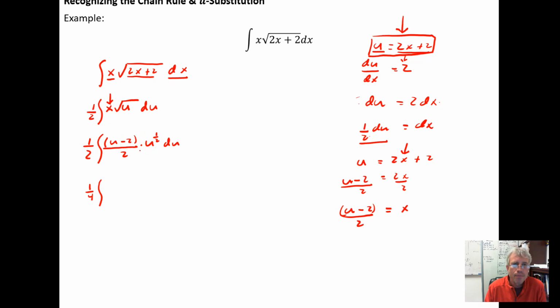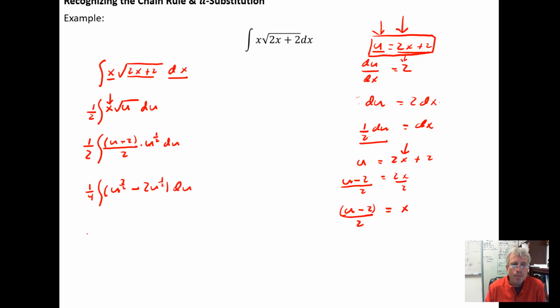And that's what made this u substitution work, was the fact that it put me in a position to be able to distribute. So I'm going to go ahead and do u times u to the 1/2, which is u to the 2/2 plus 1/2, which is u to the 3/2, minus 2 times u to the 1/2.